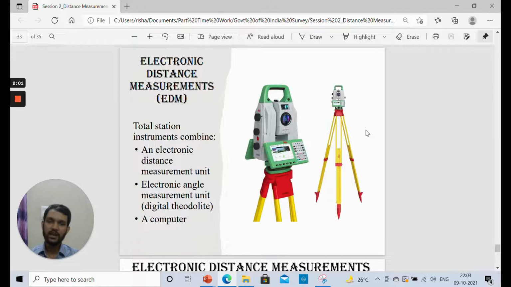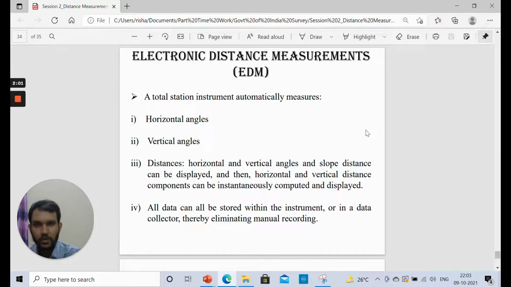And another electronic angle measurement unit, that is a digital theodolite, which is responsible for measurement of angles. Initially EDM was used for distance measurement, and now for measurement of horizontal and vertical angles electronic theodolites are used, and when they are used combined it forms the same equipment as a total station, which can conduct both activities simultaneously.